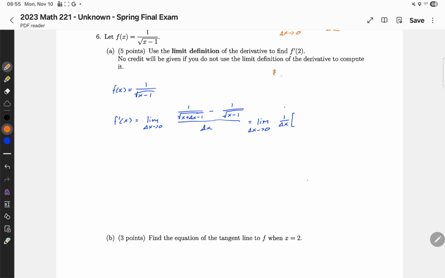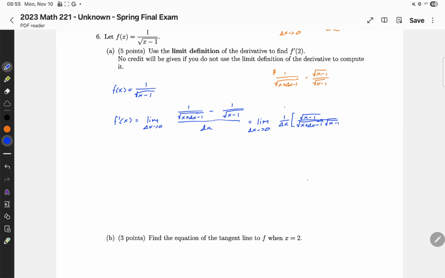I have the term 1 over square root of x plus delta x minus 1. If I multiply both the top and the bottom by the square root of x minus 1, this fraction is just 1, so it doesn't really matter. So I can rewrite this first one as square root of x minus 1 over square root of x plus delta x minus 1 times the square root of x minus 1.